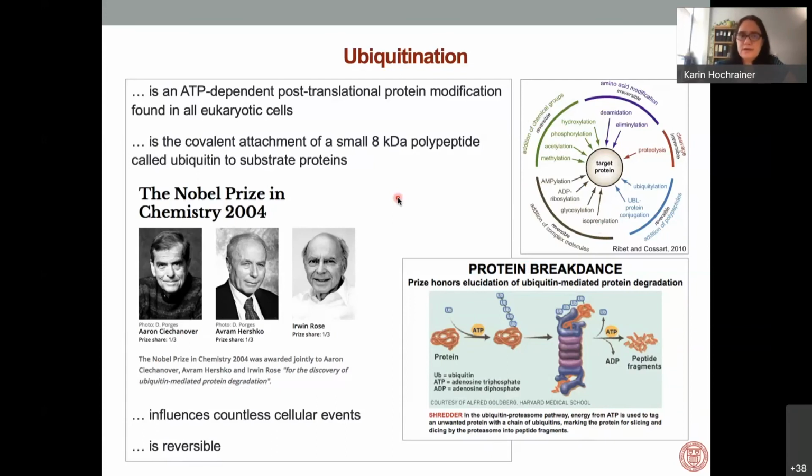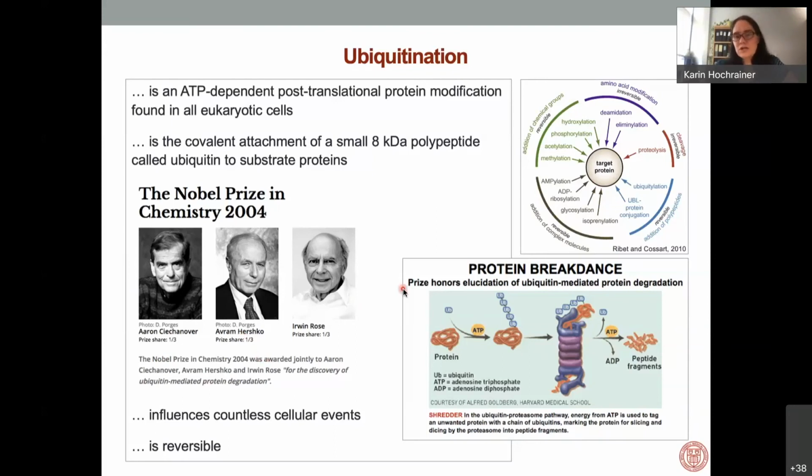Ubiquitination is ATP dependent, and it's found in all eukaryotic cells. Underscoring its importance, its discovery was rewarded with the Nobel Prize in Chemistry in 2004 to these three gentlemen, Ciechanover, Hershko, and Rose.